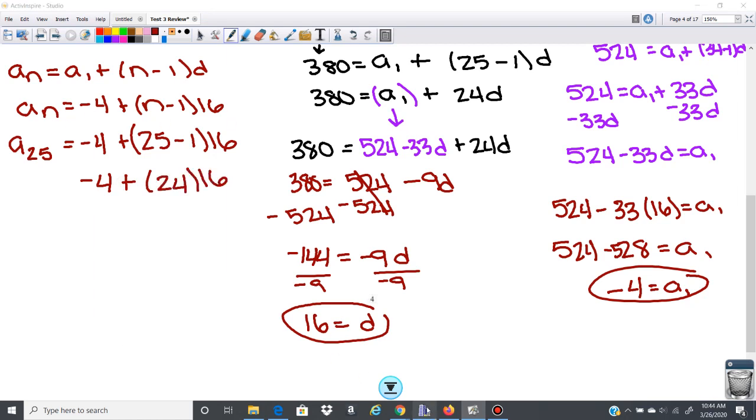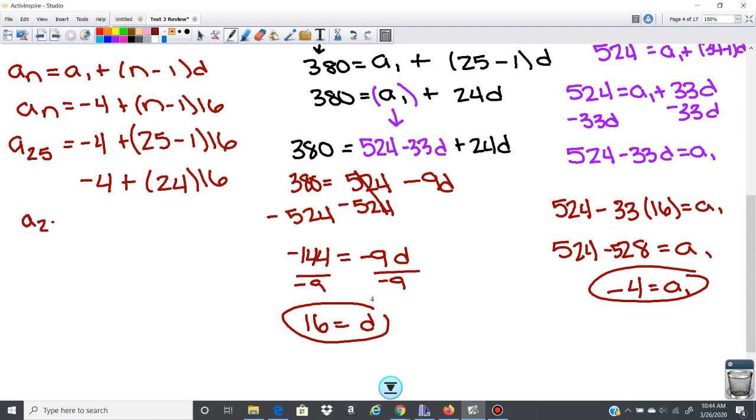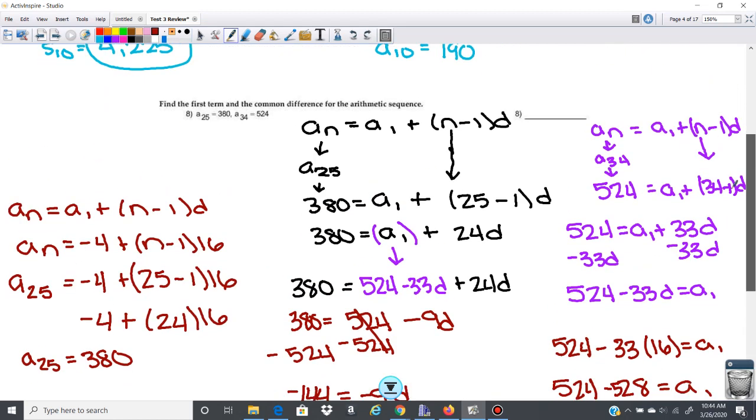That's 380, and what we were given in the beginning of the problem was that the 25th term was 380. So it works out.